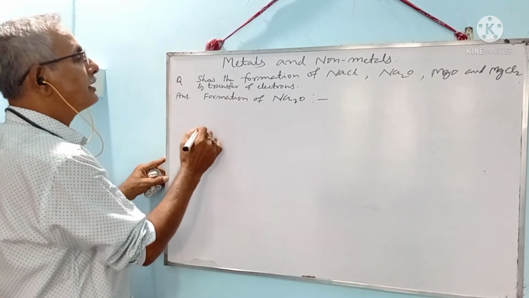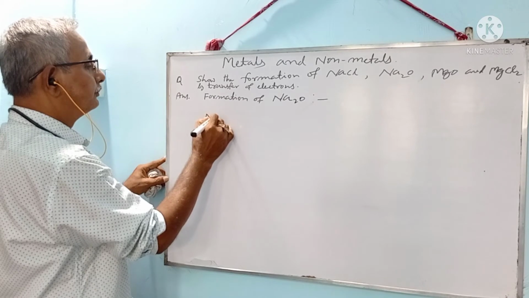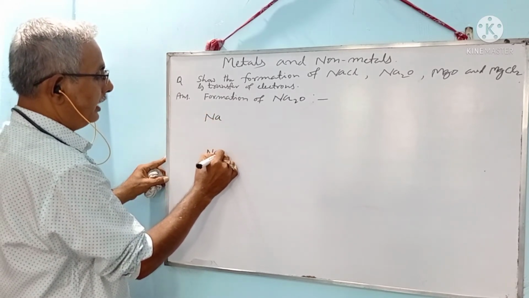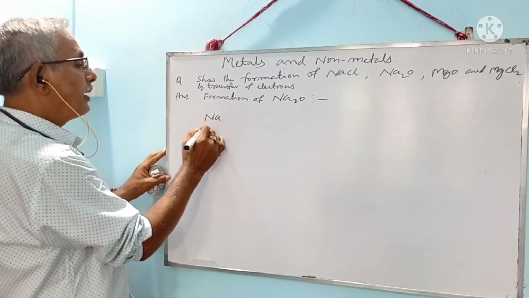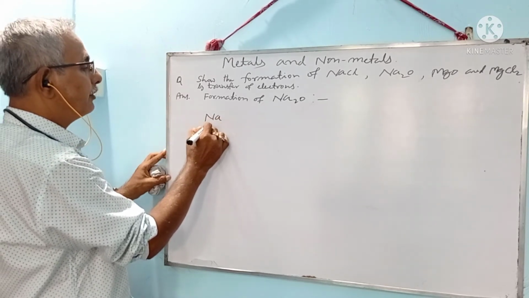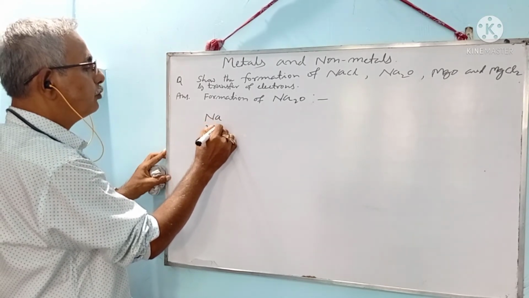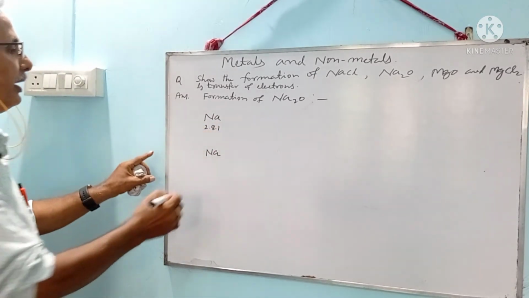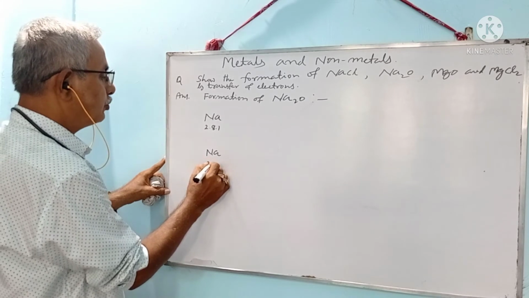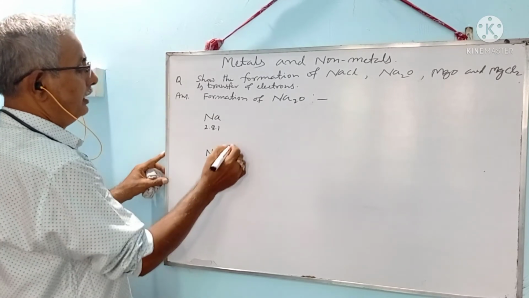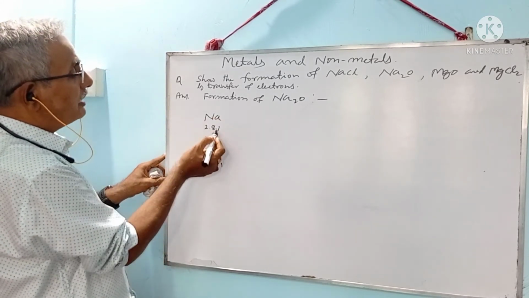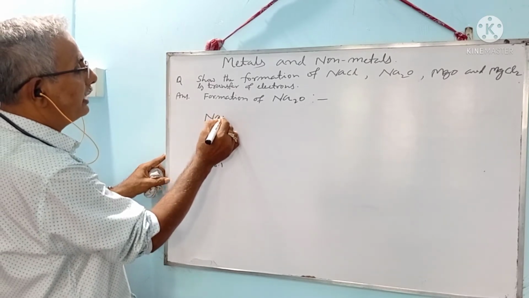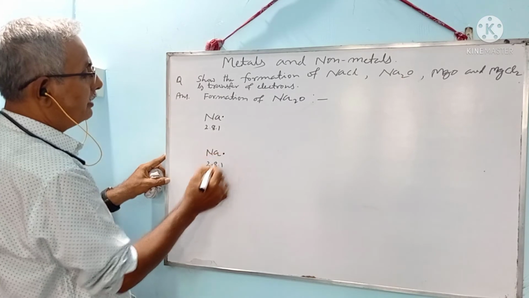There are two atoms of sodium. Here I am writing side by side, Na. Each sodium atom has the electronic configuration 2, 8, 1 because atomic number of sodium is 11. Here also same thing happens, 2, 8, 1. Now the last electron is called valence electron, which will be mentioned here.